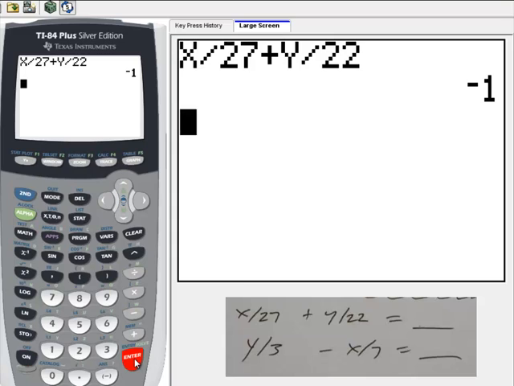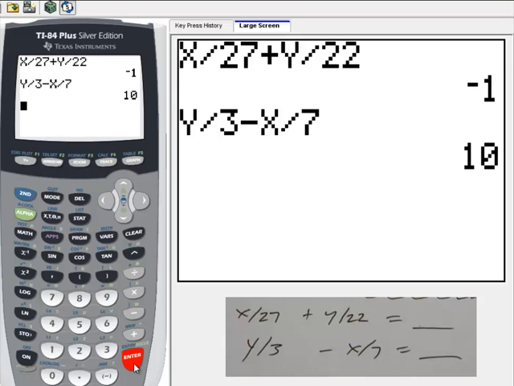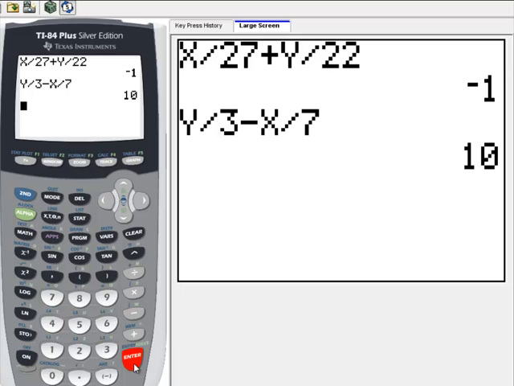Negative 1. Okay, that's as in the original equation. That's one check. Second left-hand side is alpha y divided by 3 minus x divided by 7. Enter. 10. Okay, let's record this.